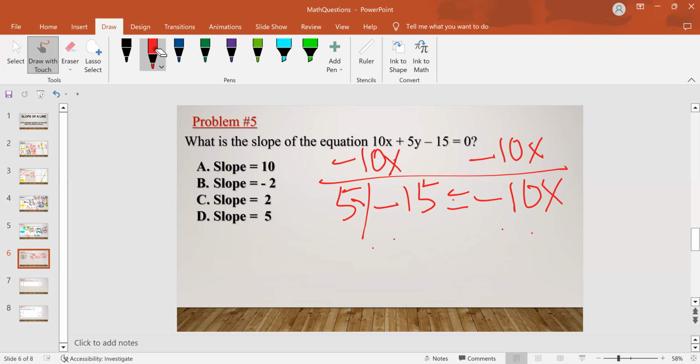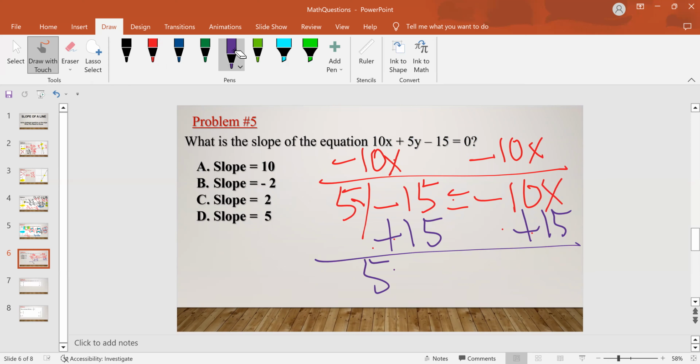The goal is to solve for y, to get the y alone. So we're going to continue. The next thing to do here is to add 15. So we're going to have 5y is equal to negative 10x plus 15.